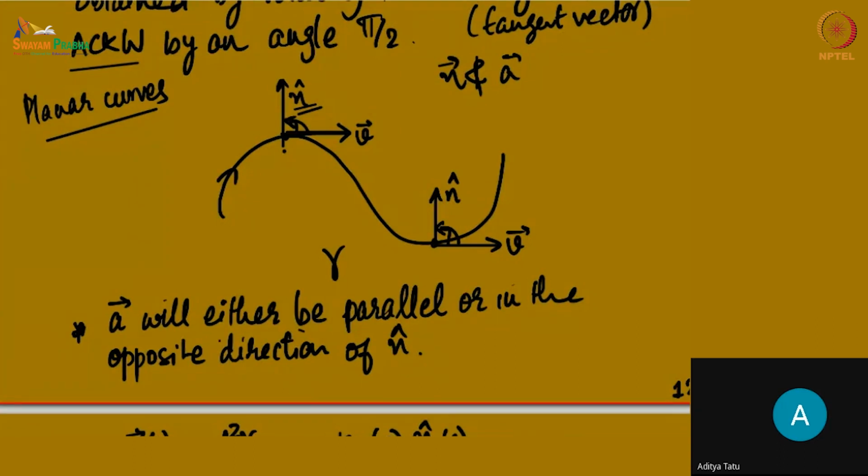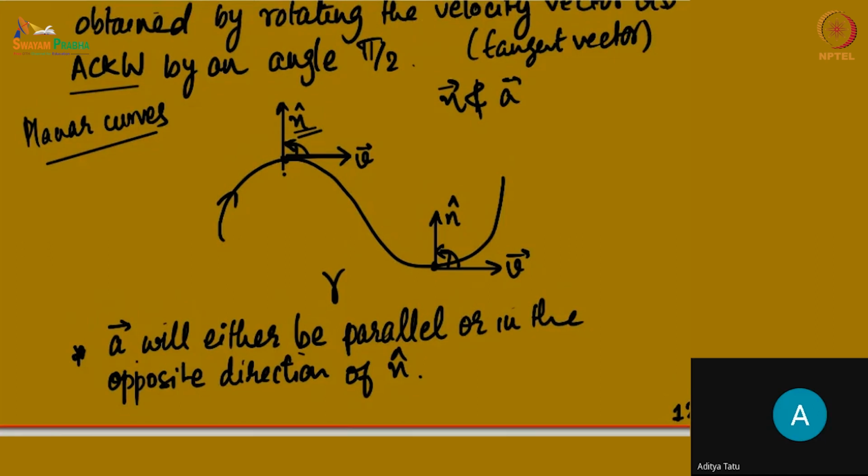N cap, by its notation and its definition, we know it's a unit vector. Okay? How about the acceleration vector? Is it a unit vector? The question is, the acceleration vector and the unit normal are aligned, right?